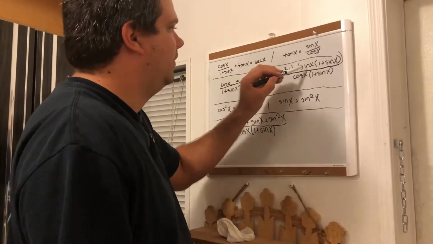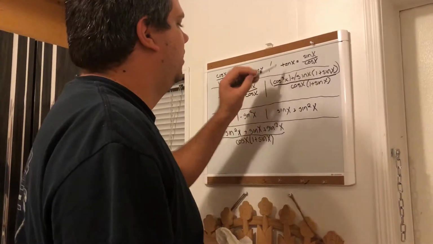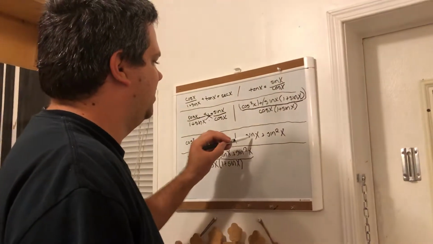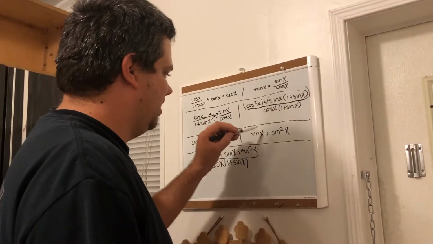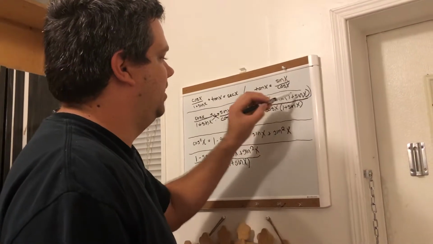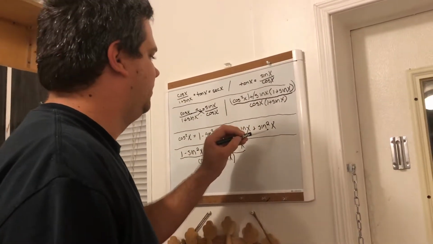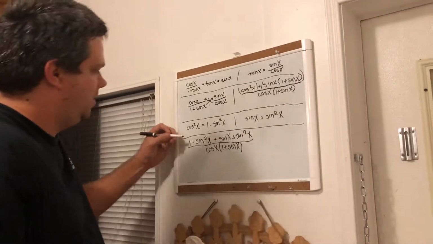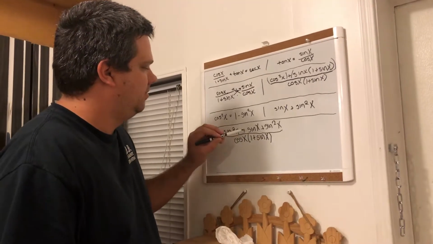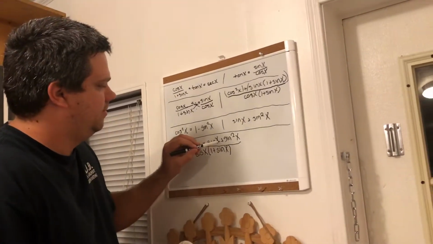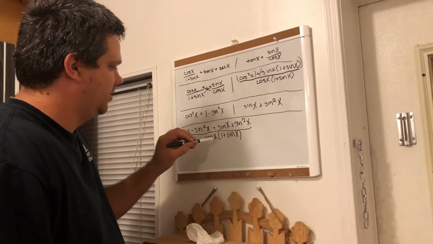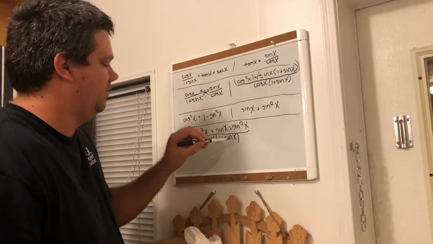On this side, I want to expand out, which multiplying sine times 1 would give me sine x, and then multiplying sine x times sine x would give me sine squared x. With that, I end up with 1 minus sine squared of x plus sine x plus sine squared of x over the cosine of x times 1 plus sine of x.